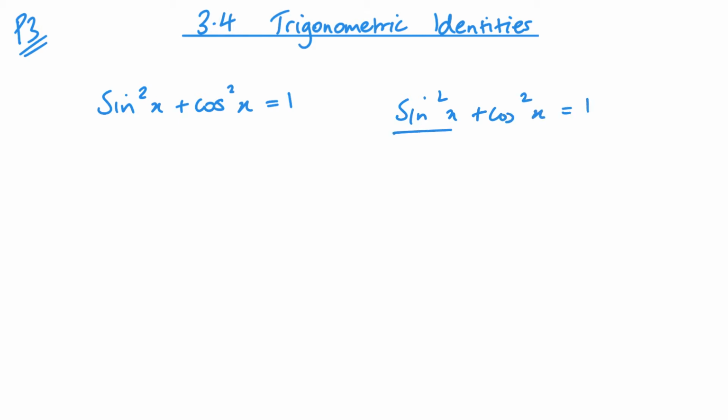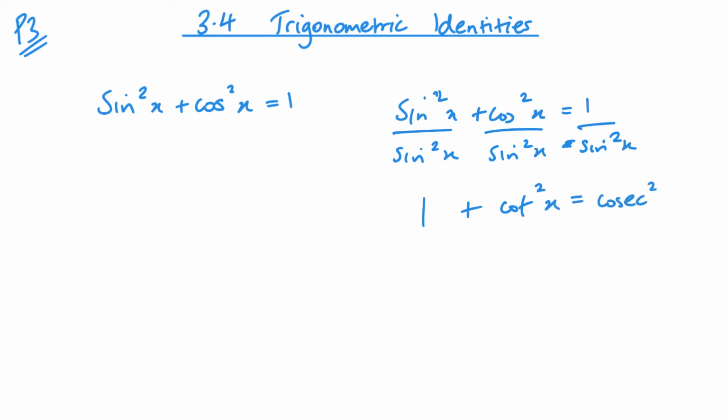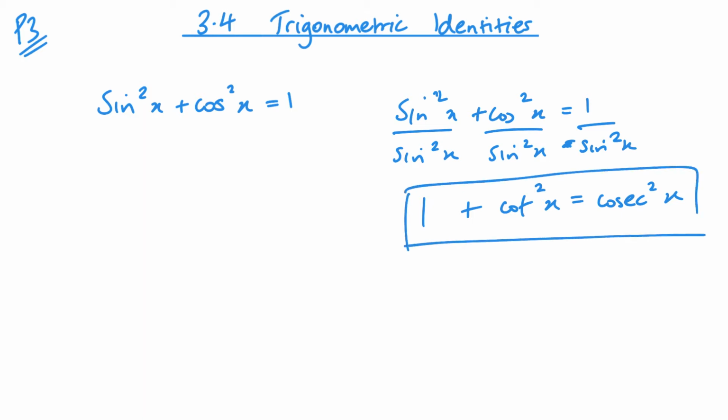Now if I divide through by sine squared x, then I get 1 plus cot squared x equals cosec squared x. And this is then my second identity.